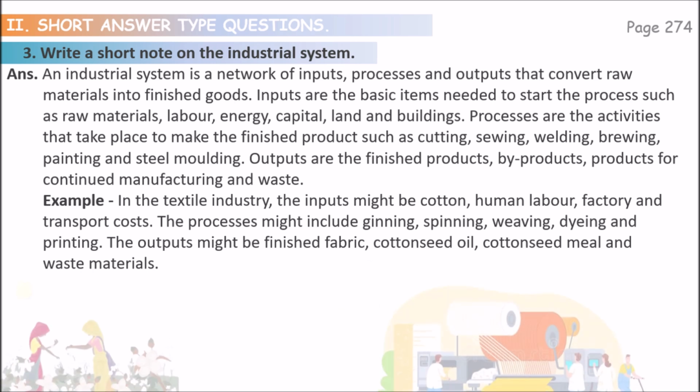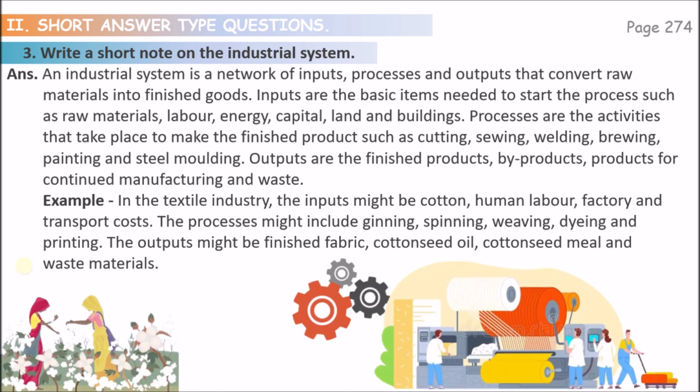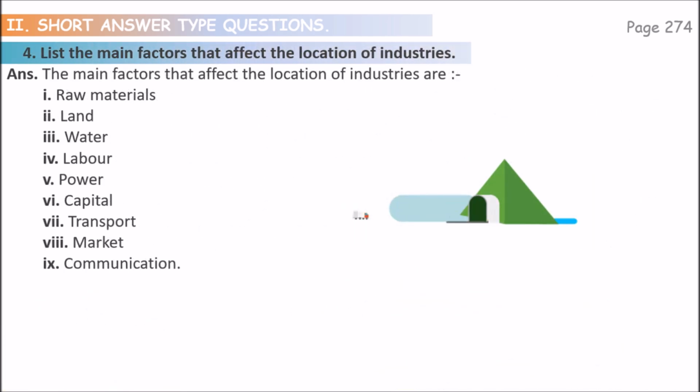Example. In the textile industry, the inputs might be cotton, human labor, factory and transport costs. The processes might include ginning, spinning, weaving, dyeing and printing. The outputs might be finished fabric, cotton seed oil, cotton seed meal and waste materials. Number 4.